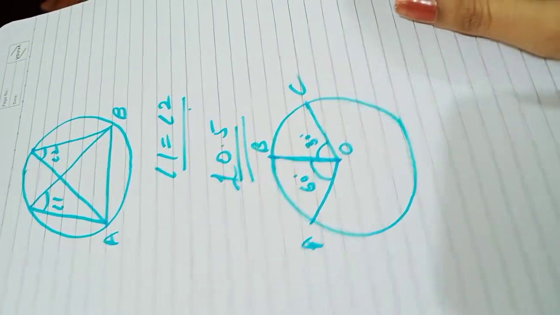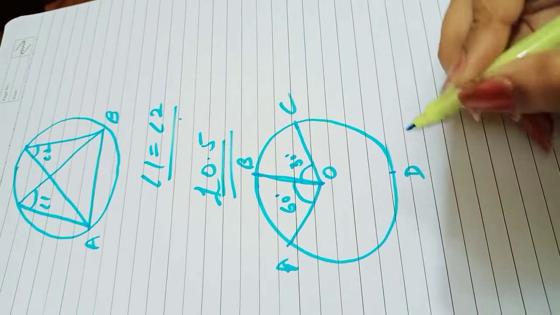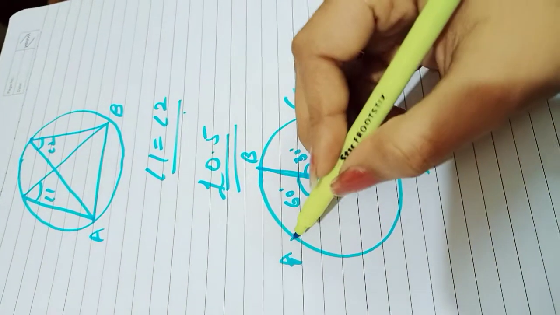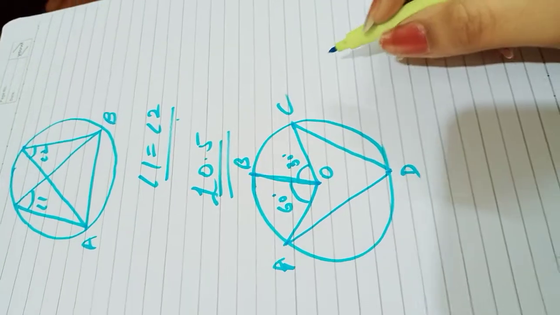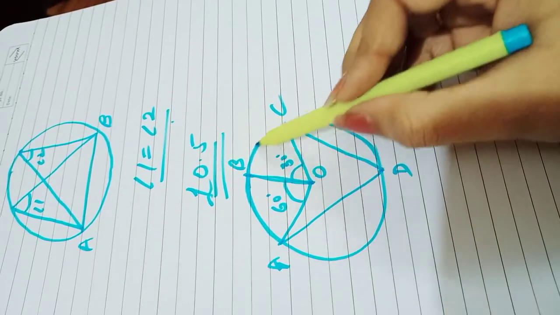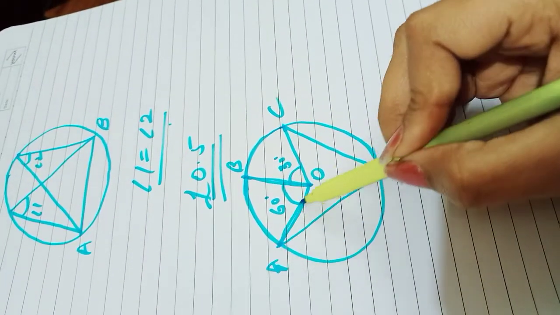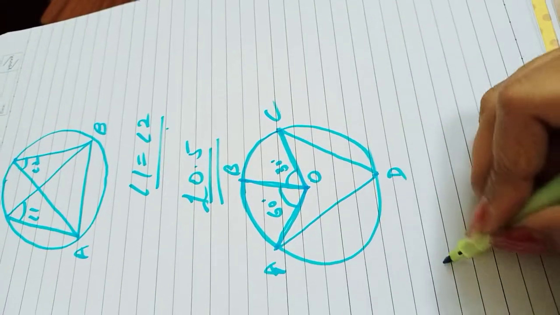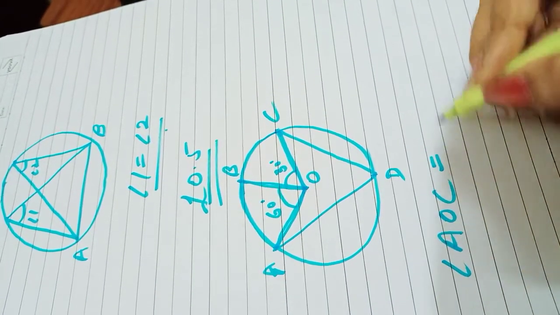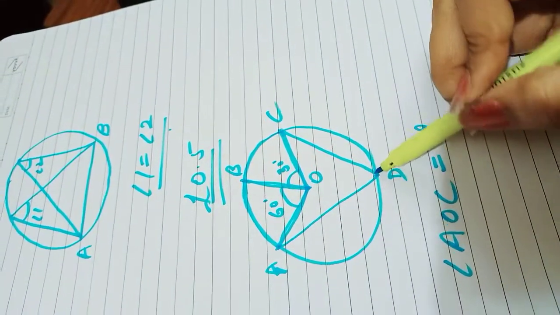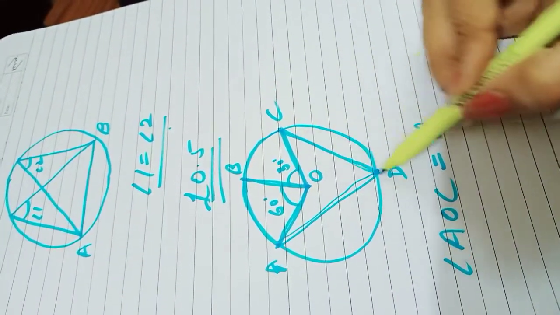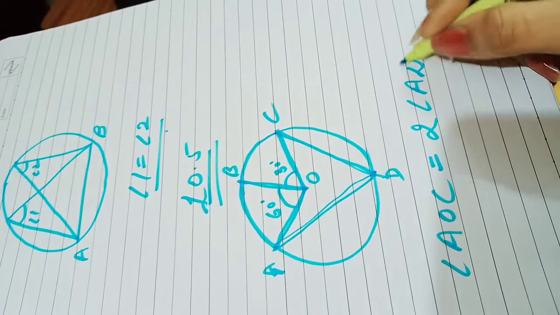D is any point on the circle, and you have to find the angle ADC. By using the theorem, as you know very well, this is an arc, and the angle subtended by an arc at the center, that is angle AOC, would be double the angle subtended at any point, that is angle ADC.